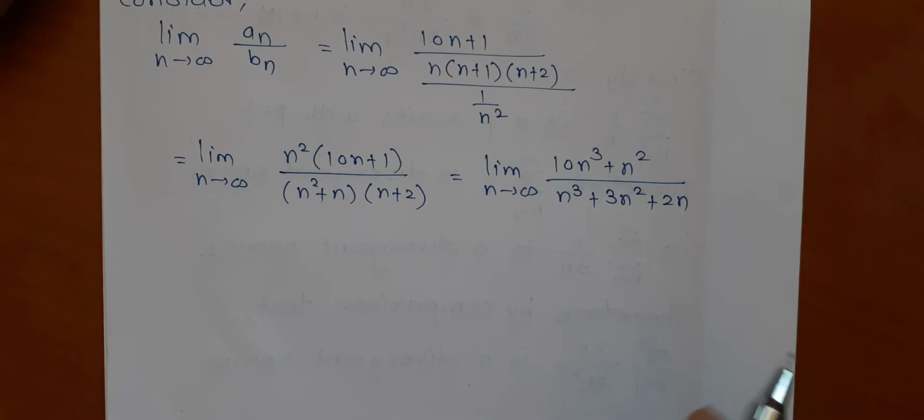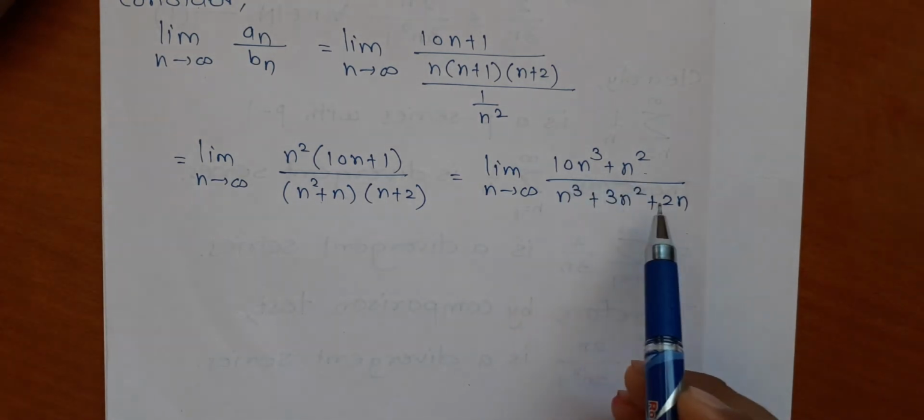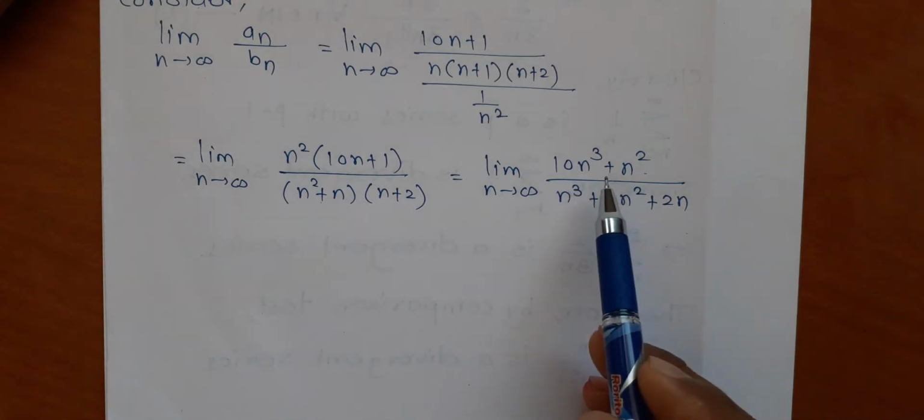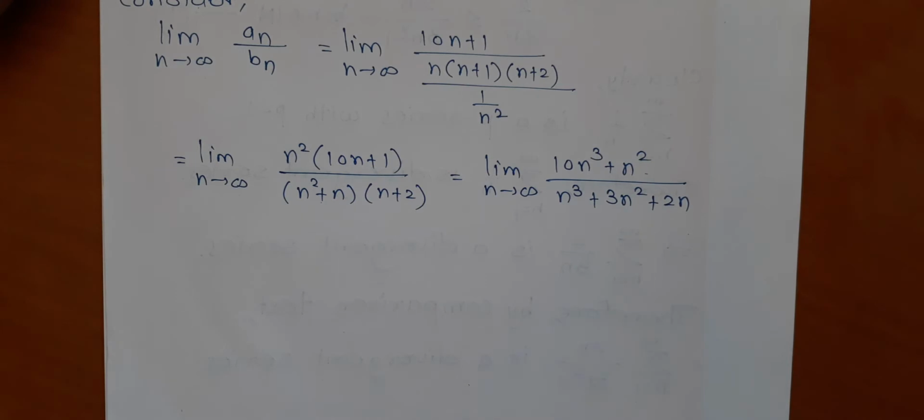Do you know how to solve this limit? It's very simple. We have a polynomial of degree 3 in the numerator and a polynomial of degree 3 in the denominator. So I will divide numerator and denominator by n cube.